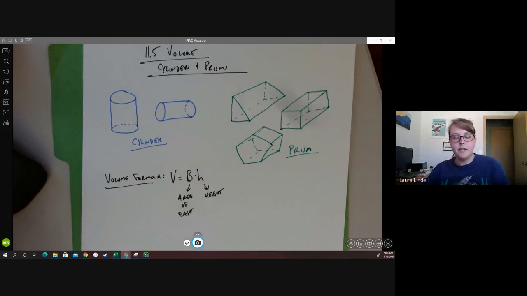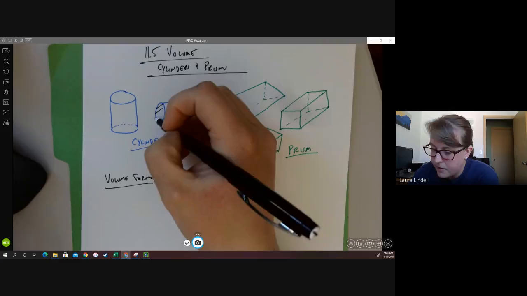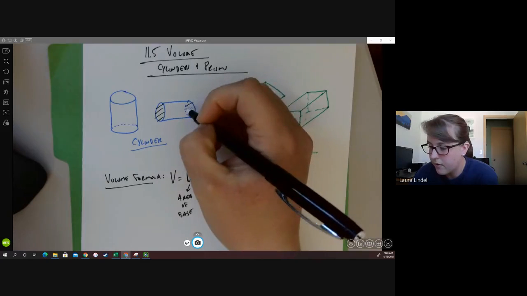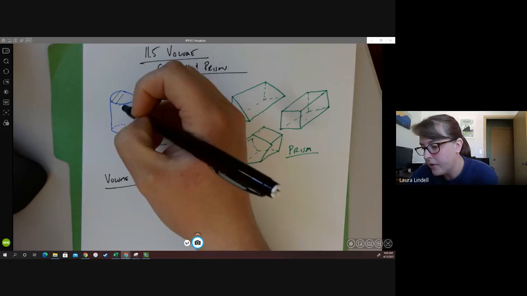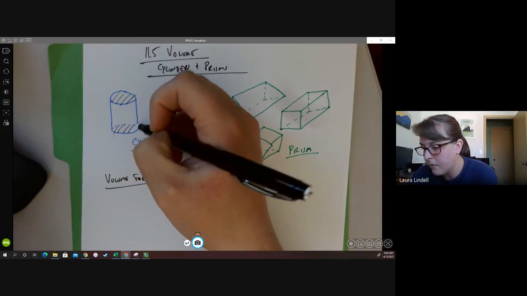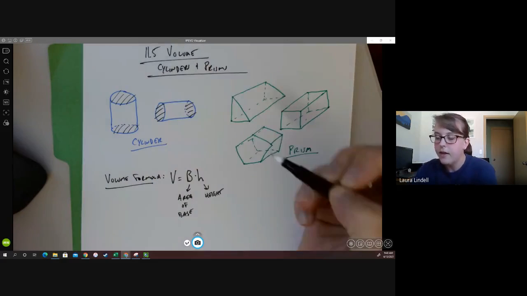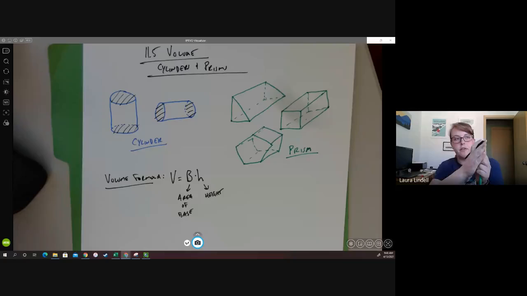So when we're looking at these shapes, the first thing we need to do is identify what is the base. And the base is not always on the bottom. For example, on this cylinder here, this would be the base, or this. There's two bases. But on this one, the top or the bottom would be the base, either of these. It's the face that is present throughout the shape.